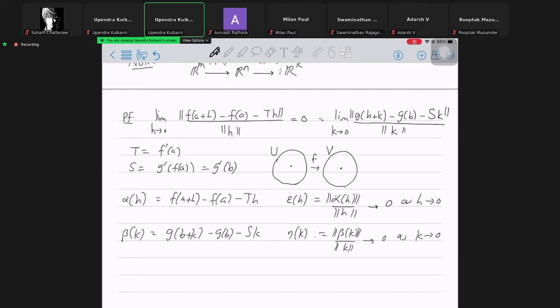This quantity eta, is it defined for k equal to 0? The answer is no, because it has k in the denominator. So let me just change this slightly by saying that I define this to be equal to 0 for k equal to 0. So think of eta as a function. So note, eta is a function from where to where? Look at the picture. This is A, this is B.